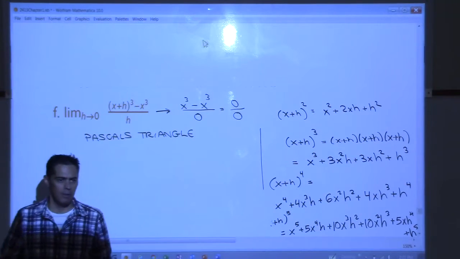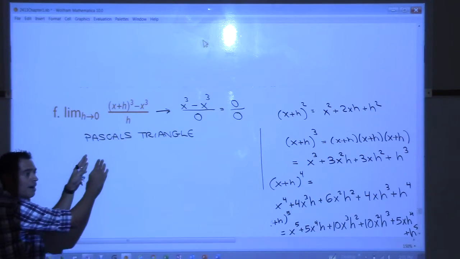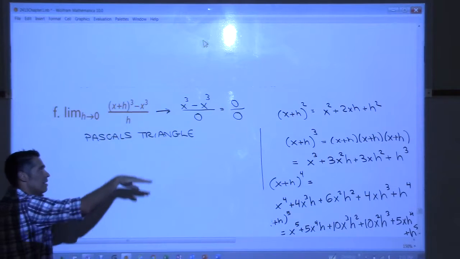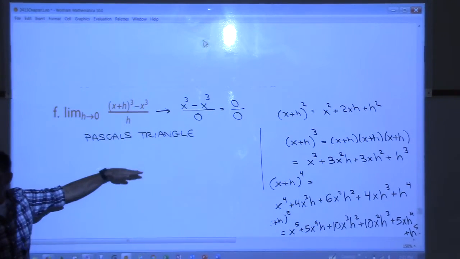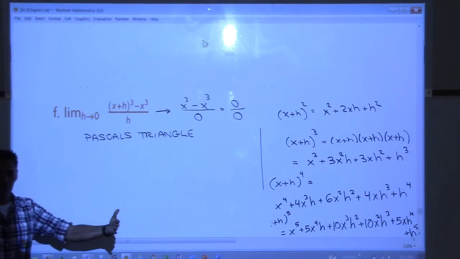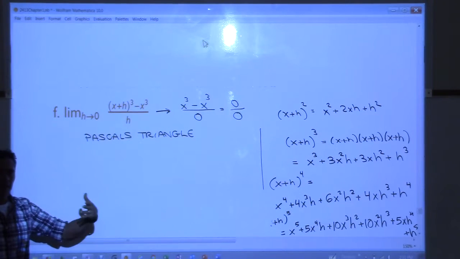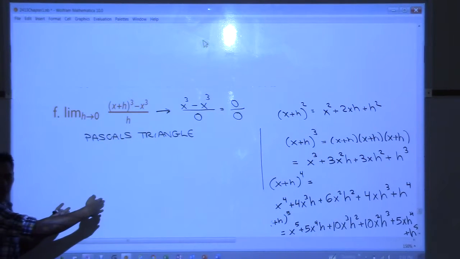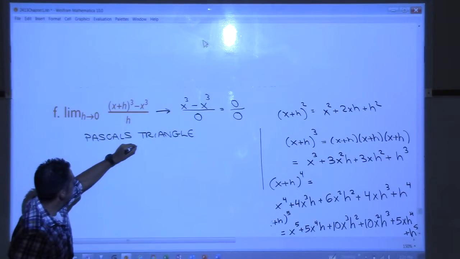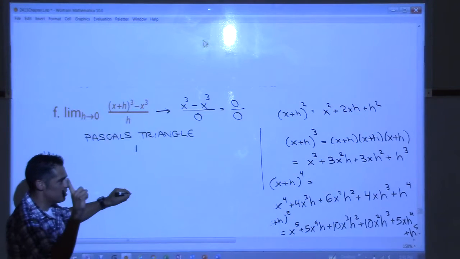You're going to start drawing a triangle of numbers, and you're going to have different rows. Every time you move down a row, you have to add one more number to your row. And the rule is that your ends must always be ones. Let me show you the triangle. 1 is the top of the triangle.